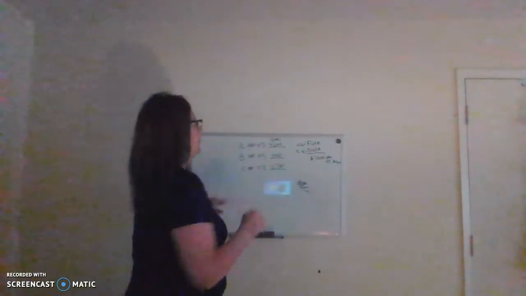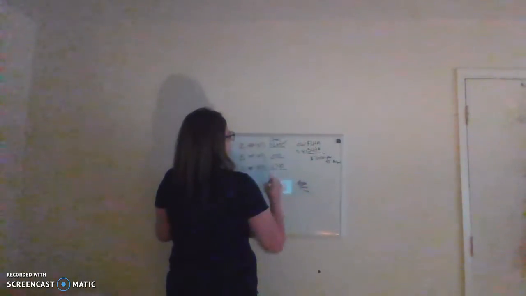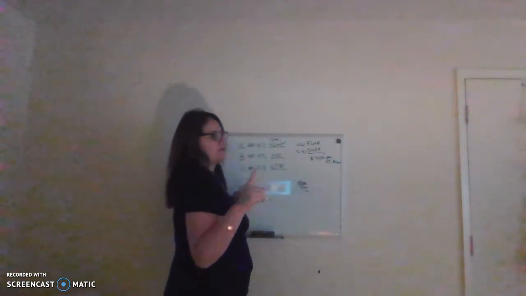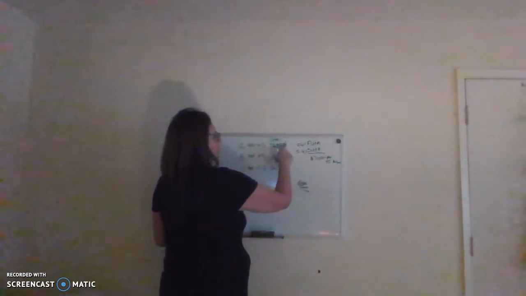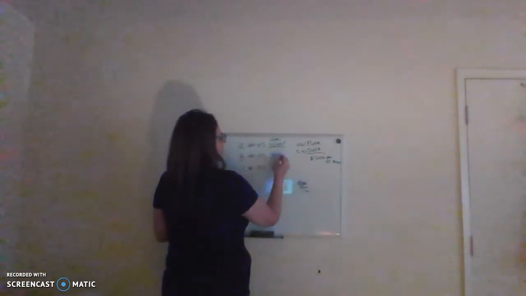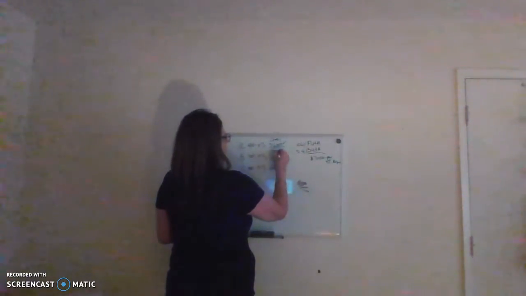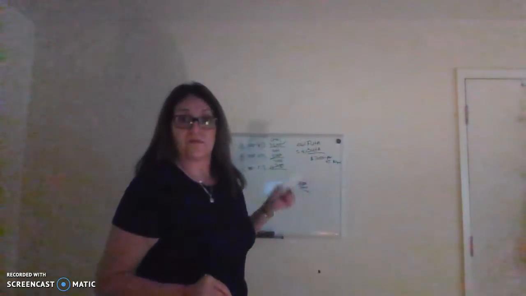So it looks like employee A only made $5,200. They didn't get to $7,000, but that's okay. We're still going to pay tax on the $5,200. Employee B and employee C reached the $7,000 earnings for the first quarter.